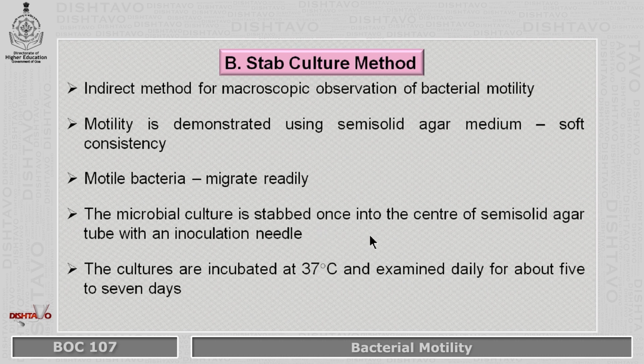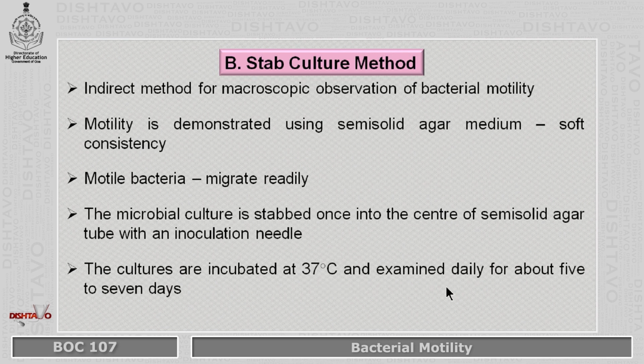In this procedure, the microbial culture is stabbed once into the center of the semi-solid agar tube with an inoculation needle up to a depth of half of the medium. Now care has to be taken while inoculating so that the needle is removed from the same place where it was inserted into the semi-solid agar medium.